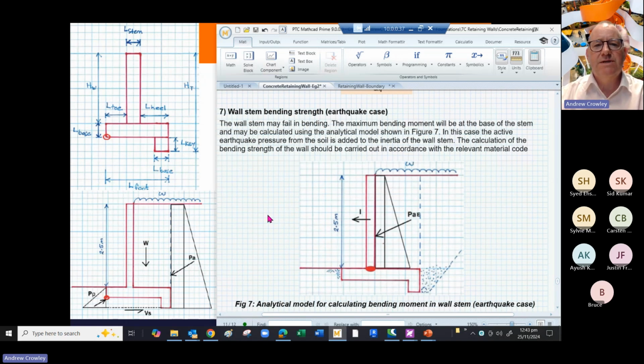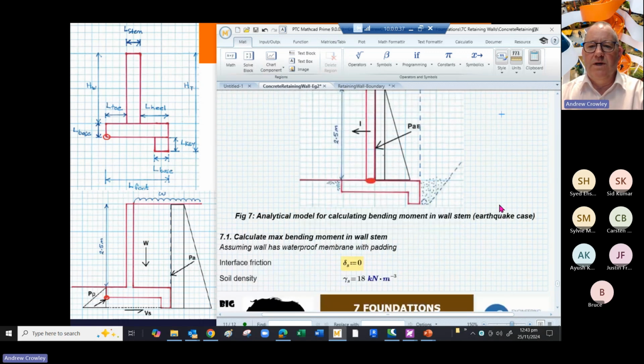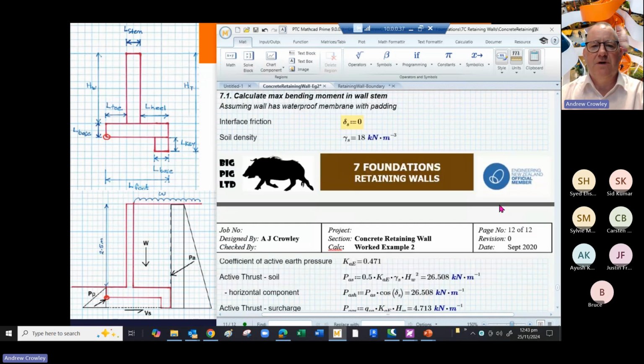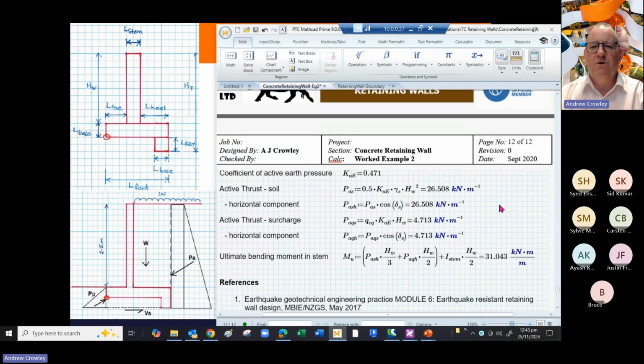So looking at the wall stem bending strength, this is again the bottom of the wall, and it's about the structural failure of the wall. And you're looking at the earthquake case. So we take the interface friction as 0. We work out the coefficient of active earth pressure that we worked out before, bring that down.